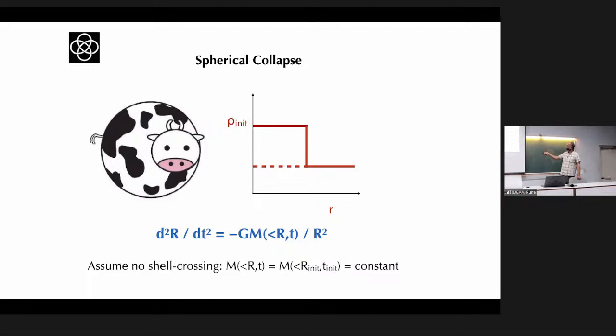And here, this quantity m(<R, t) is the mass enclosed inside the boundary at time t, and capital R is the radius of the boundary at time t. So at any time t, I need to know what is the radius of this outermost boundary and how much mass is contained.